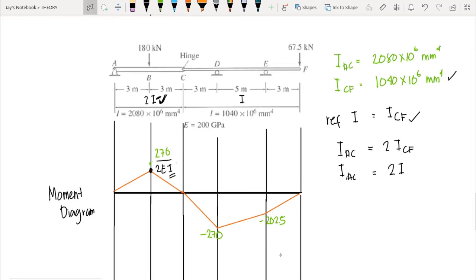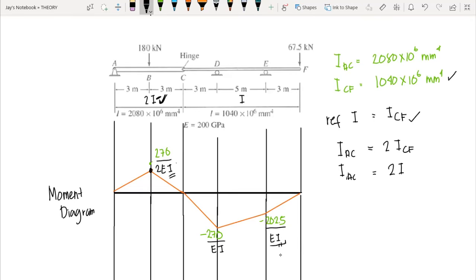And at point D, this is just EI, since this is on the reference moment of inertia, and at point E, the moment is negative 202.5 over EI. Again, this is EI since ICF is our reference moment of inertia.